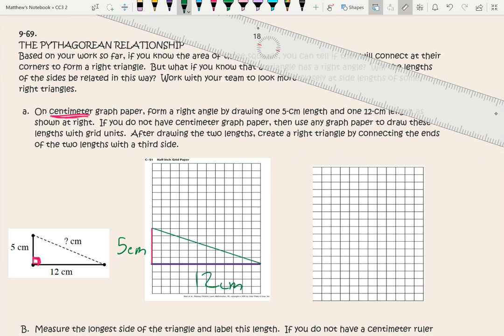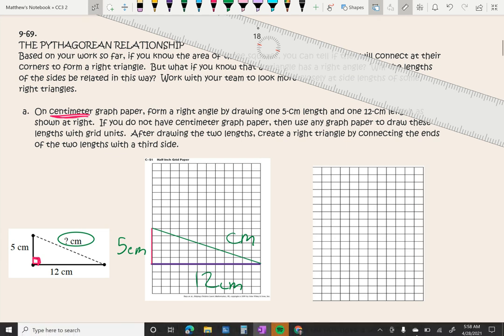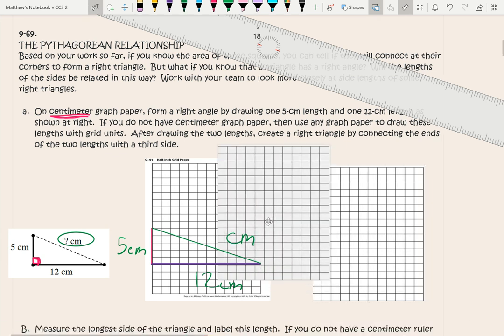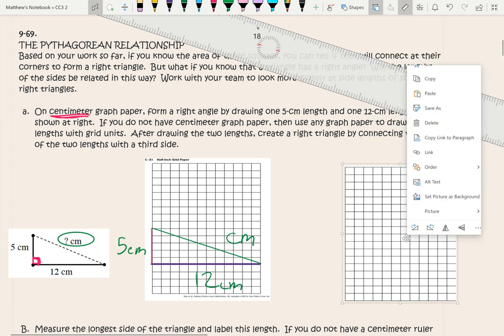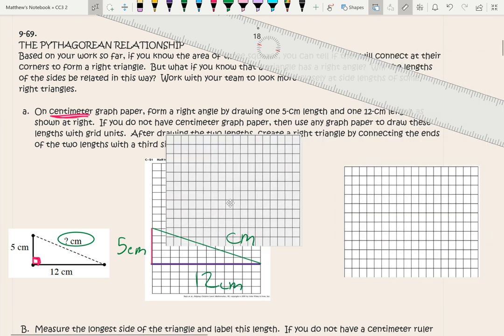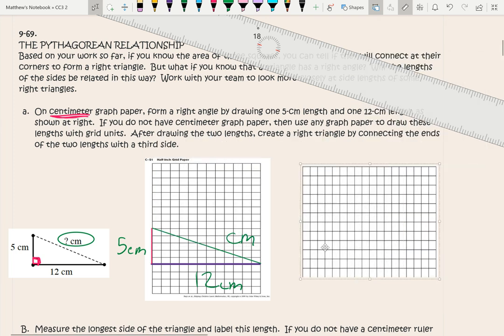What is the distance of that third side? Right now it's unknown. So what you're going to do here is take your graph paper, as I said before, and you are going to turn it diagonally. I can't do it on this app, but if I could, I would turn it diagonally, and I would measure what that side length is.